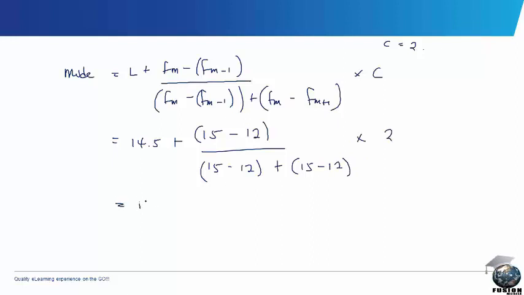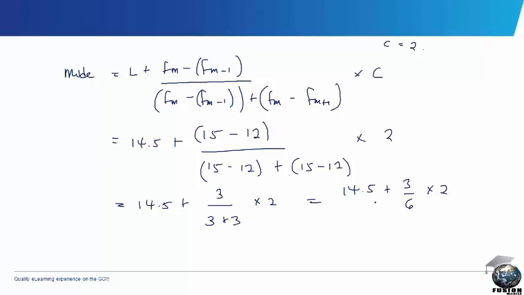So this gives us 14.5 plus 15 minus 12 gives 3, here is also 3, plus 3 times 2. From this computation we can simplify further to be equal to 14.5 plus 3 over 6 times 2.